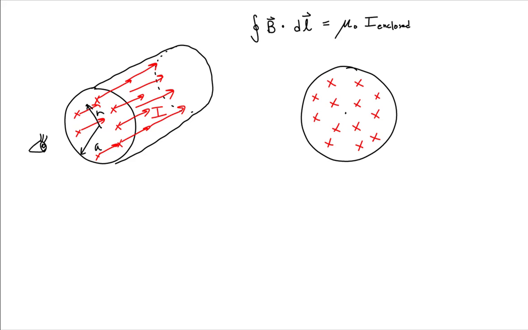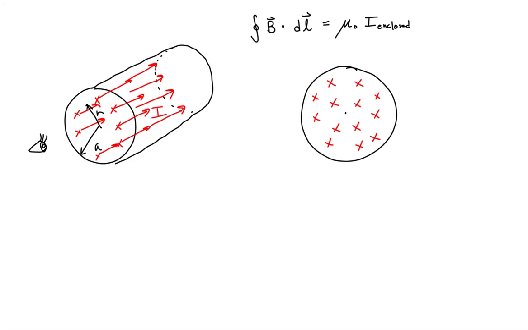Now, an Amperian loop, remember, doesn't have to be a physical curve in space. It just has to be a mathematical representation of a curve. So we could choose any curve we want. Now, the best curve to choose would be a curve that matches the symmetry of the magnetic field.